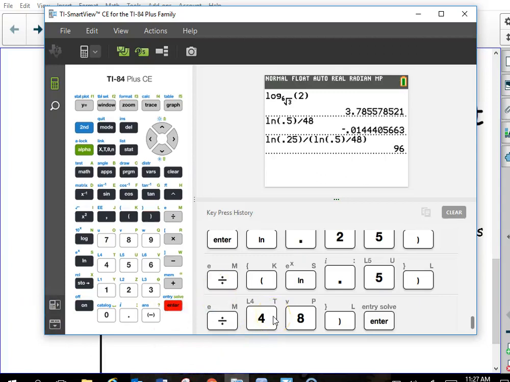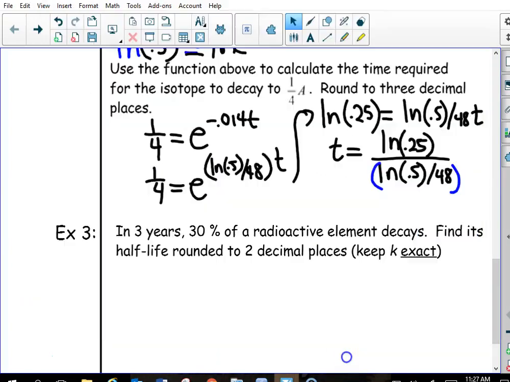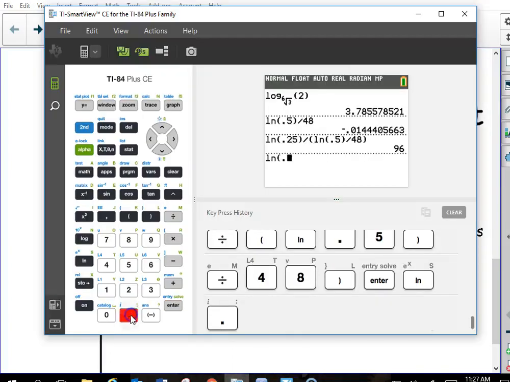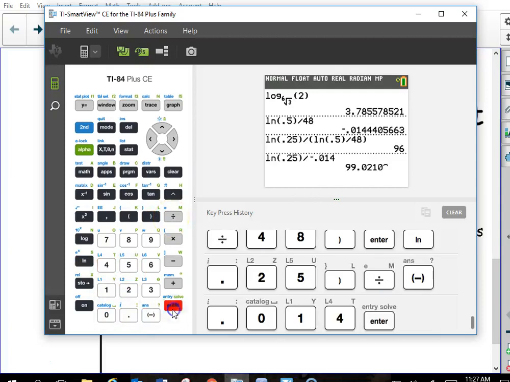Had I used the decimal approximate, which is negative 0.014, look what happens. Well, maybe it'll work out. We'll see. All right, well, I sure didn't get the same answer, and that's because I'm rounding to 3 decimal places on my k, and I shouldn't.